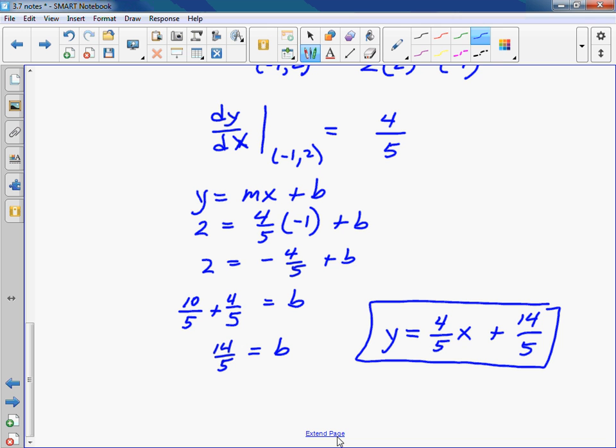And we know from way back when that the slope of a perpendicular line is the negative reciprocal.